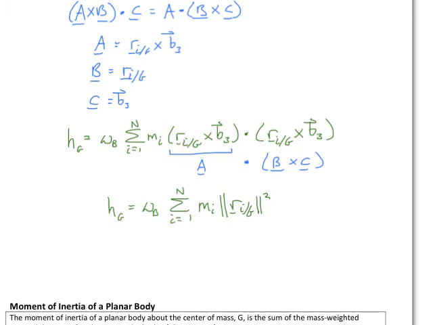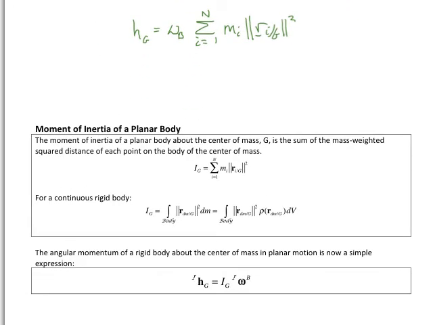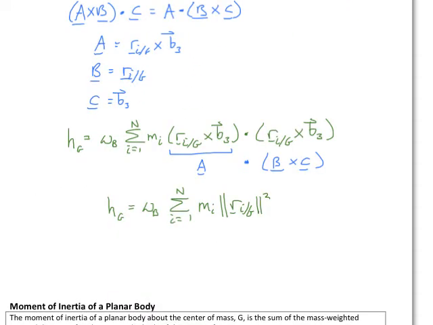And so we see that in summary, we now have a new quantity that's a scalar. And so now we see that our angular momentum is a scalar that's in the b3 direction that's created by the angular velocity multiplied by this new scalar, which is the mass-weighted position of each of the particles with respect to the center of mass.